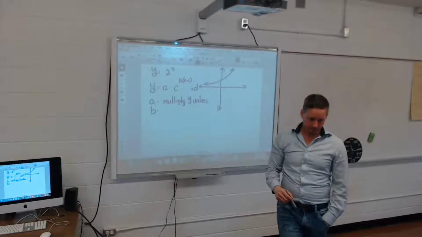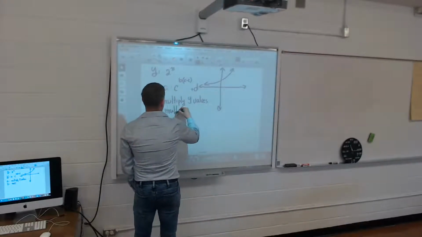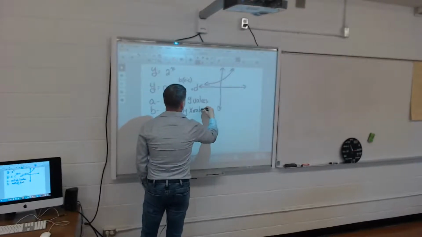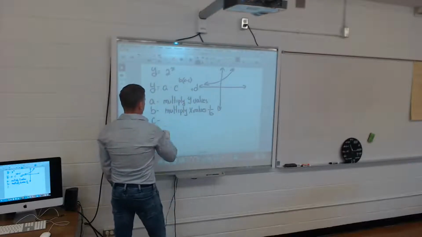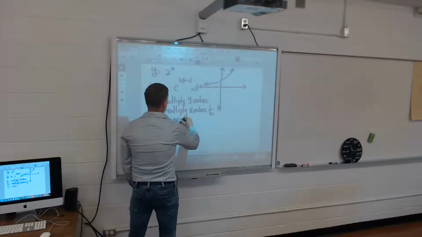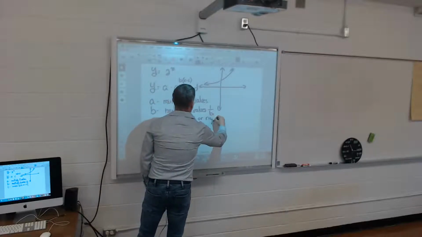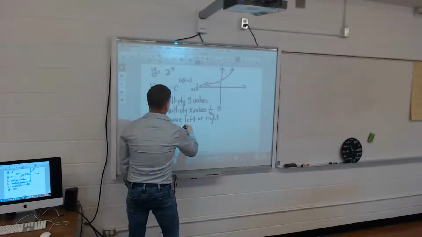Isn't it 1 over? Yeah. 1 over your x. Multiply x values by 1 over b. Okay. c, move left or right. d, move up or down.